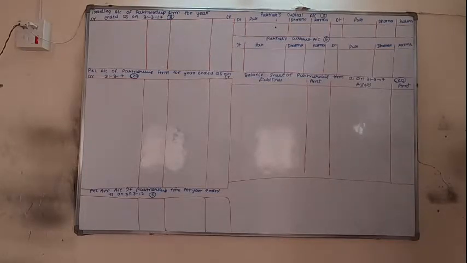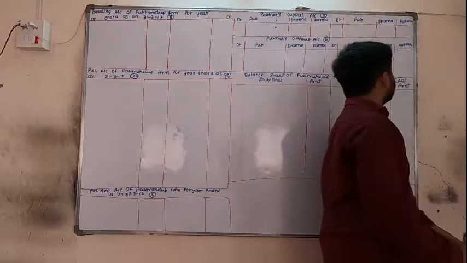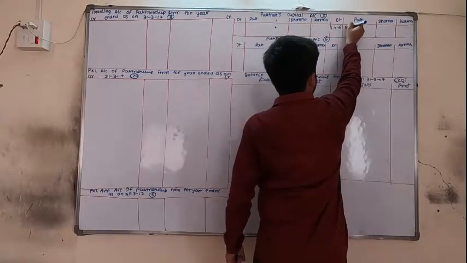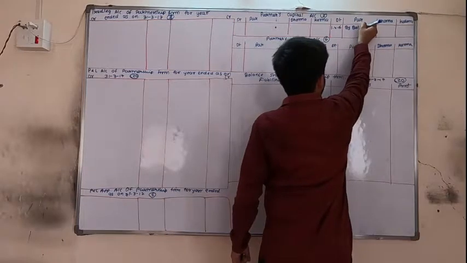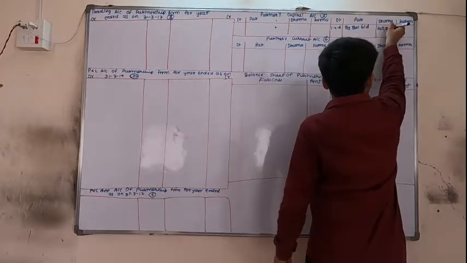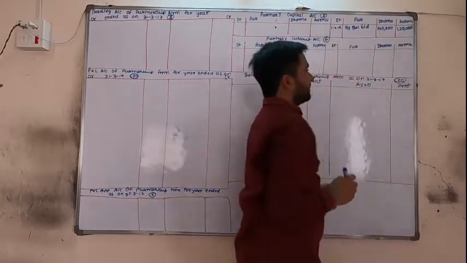First we are starting with the opening balance of capital and current account, and then we are leaving the necessary space wherever required. So we are starting with the opening balance of capital account on 1/4/16. By balance brought down 1,40,000, 1,20,000.